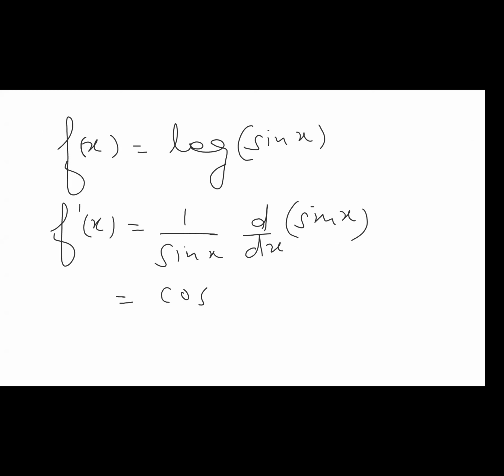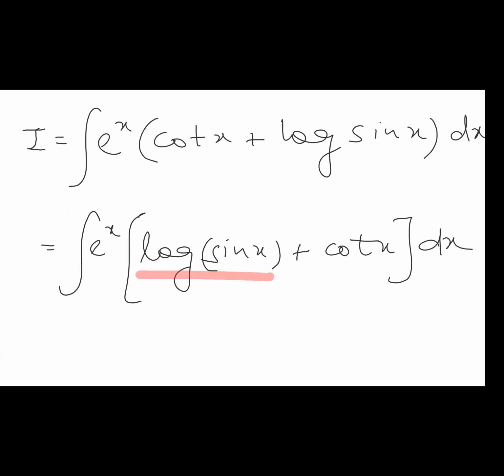So it is cos x upon sin x, which is equal to cot x, right? So as you see, the function f of x and its derivative f dash x are present in the bracket, separated with a plus sign, and there is e raised to x outside.